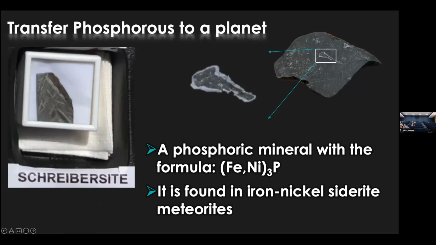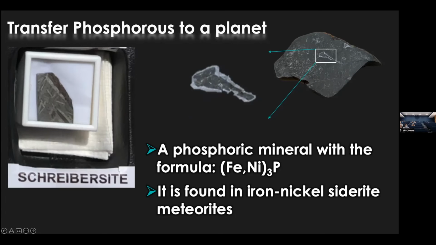And finally, you have the transfer of phosphorus to a planet. Here you have an example of an iron-nickel meteorite, where you can see, if you go closer, and I have some pictures here, if you go to this area and I zoom in, you see this bright zone. This is schreibersite.